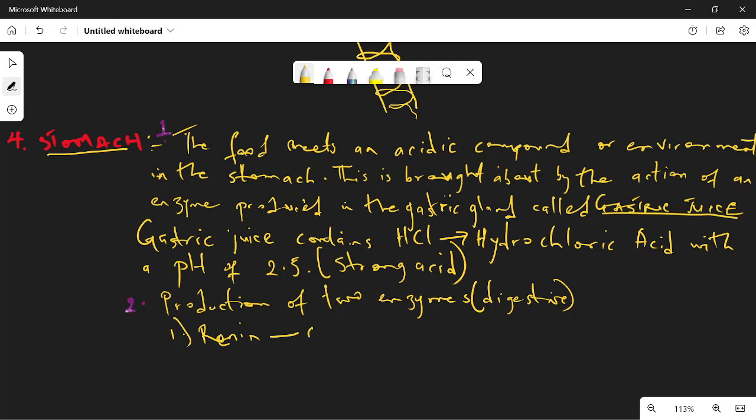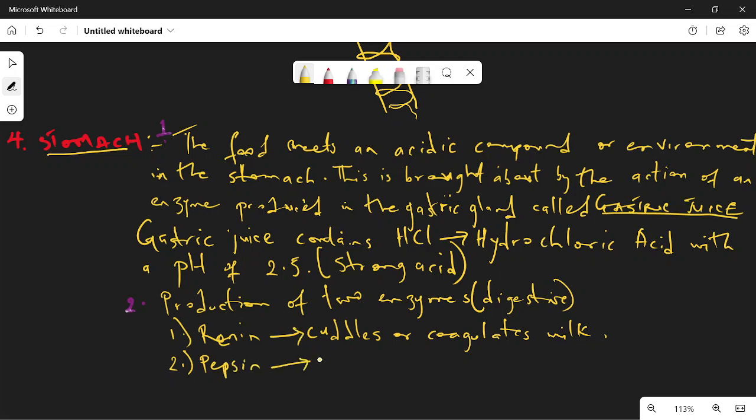Its function is to curdle milk. It acts on milk. It curdles or coagulates milk. And then we have the second one, which is pepsin.